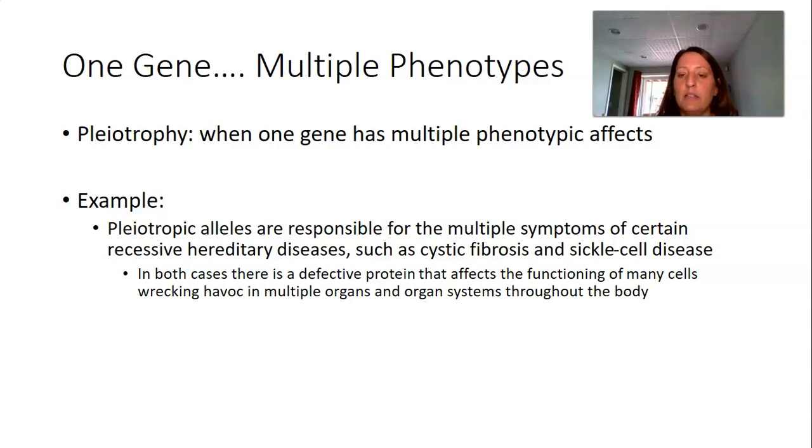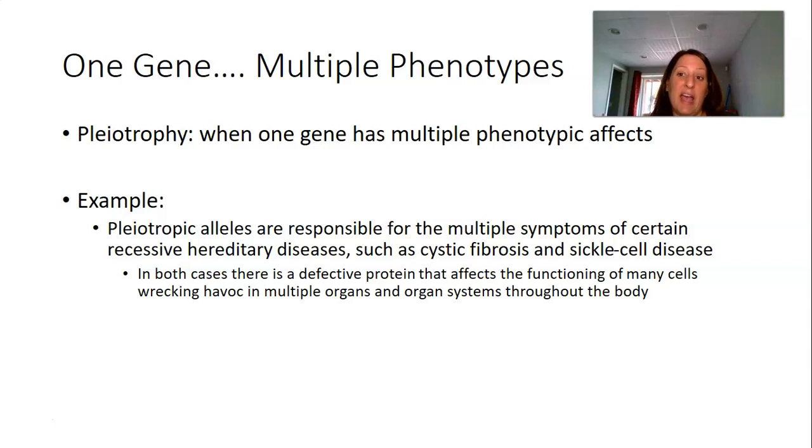So sickle cell disease is a recessive hereditary disease, and individuals who have this disease have a faulty protein. And that faulty protein causes a misshaping, a sickle shaping, of their red blood cells. And so this has multiple effects. Red blood cells are not as good at carrying oxygen as normally shaped red blood cells. So there's one thing.